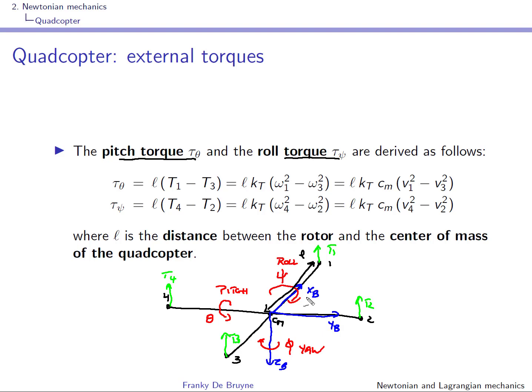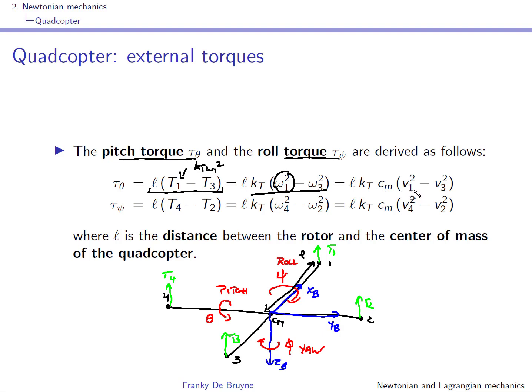Okay, so it's kind of obvious that the pitch torque will be this, and then you plug in your formula here that you know for thrust. It's kt omega 1 squared. You do the same for T3, you obtain this formula, and then you know that you neglect the motor dynamics, so you can replace omega 1 squared by Cm V1 squared.